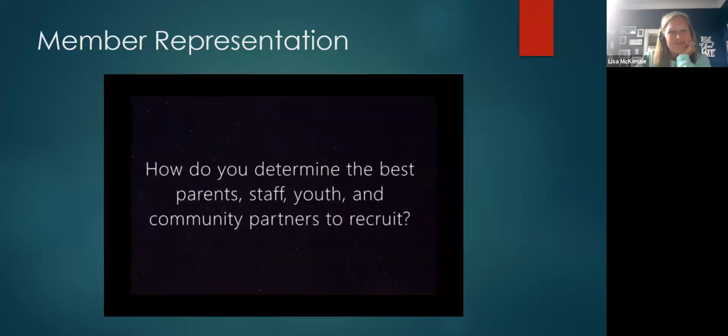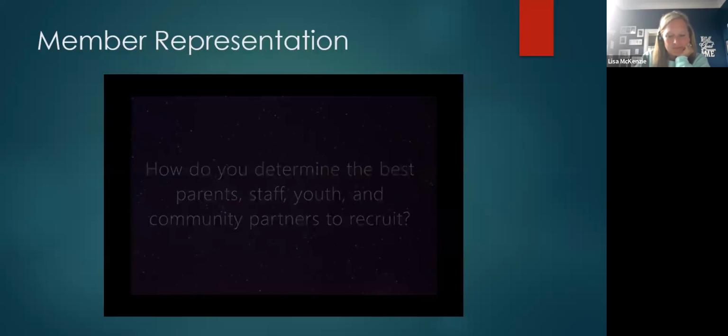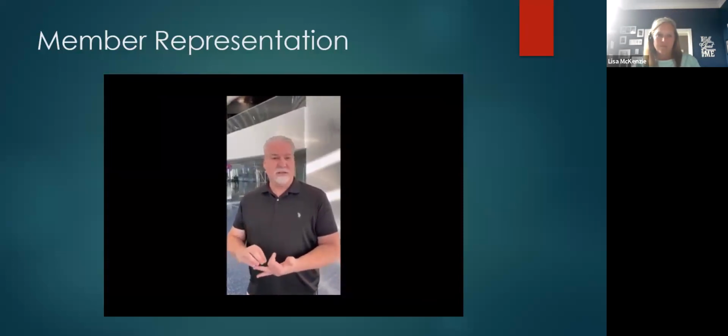How do you determine the best parents, staff, youth, and community partners to recruit? So for parents, what I do is I pay attention to our sign-in sheets on the parents who are engaged most of the time, including those who are parent pickups, because realizing that their schedules might be a little bit more flexible. For staff, I try and get the staff that have a flexible schedule, whether it's the counselor, the librarian, people like that.